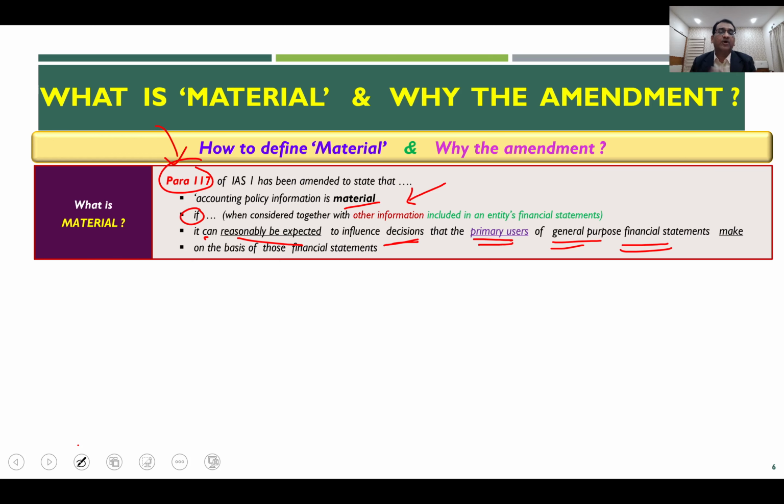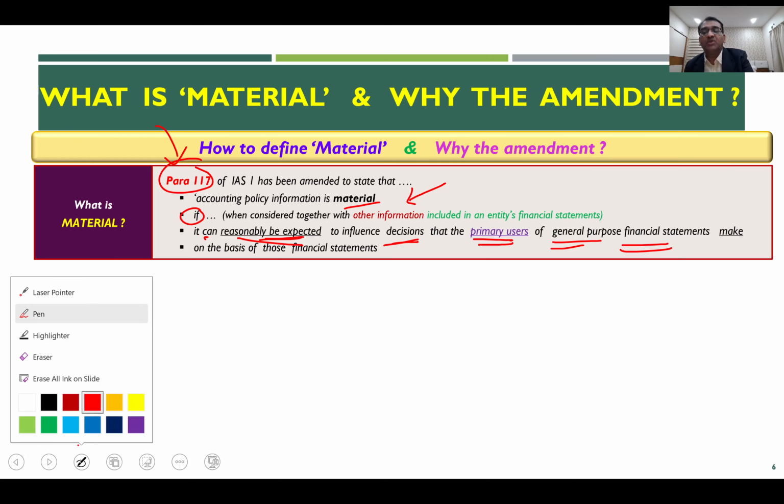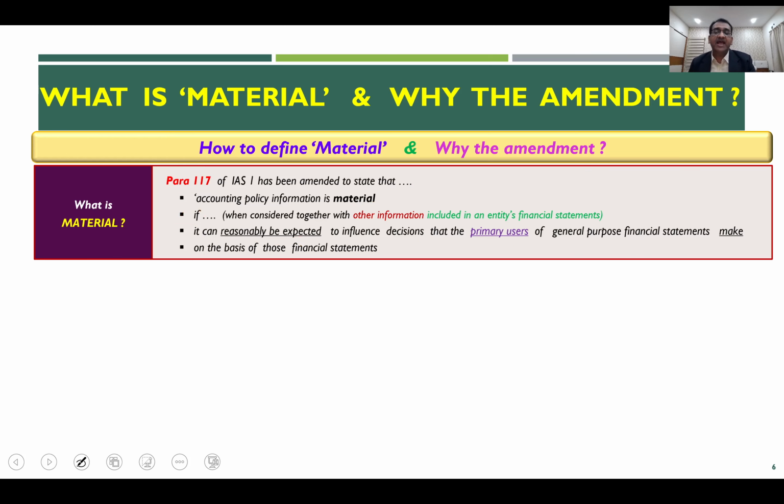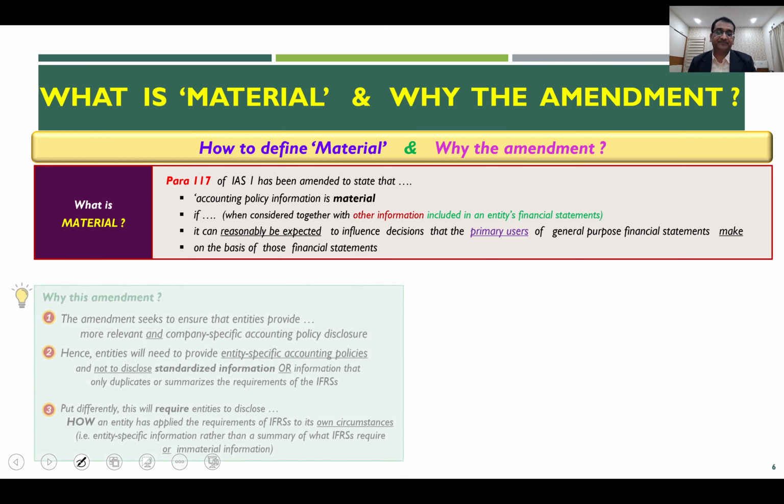If you read both together, can those accounting policies reasonably be expected to influence the decision-making process of the primary users of the financial statements? If they can, then those policies are reckoned to be material as per the guidance given in paragraph 117 of the amended IAS 1.